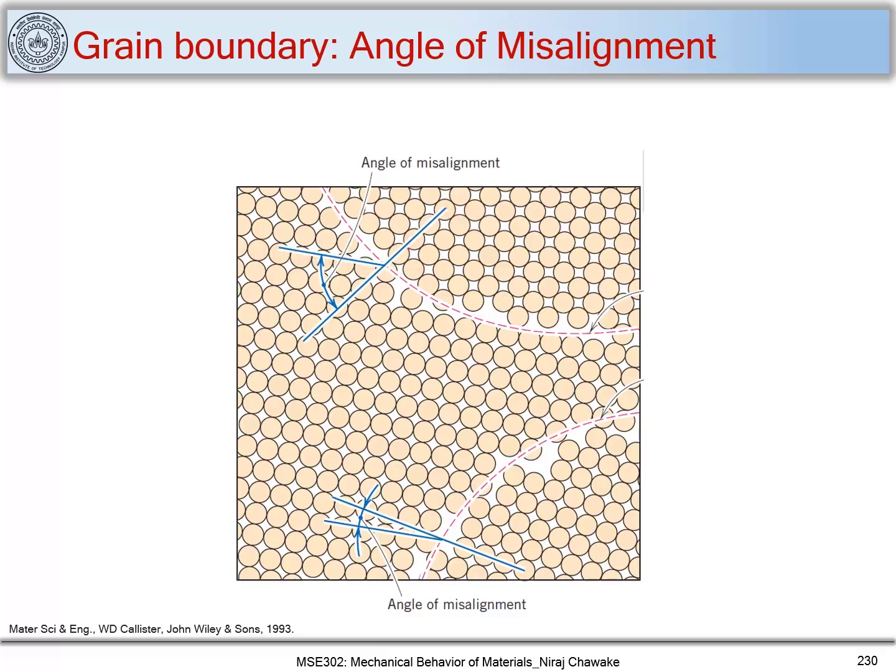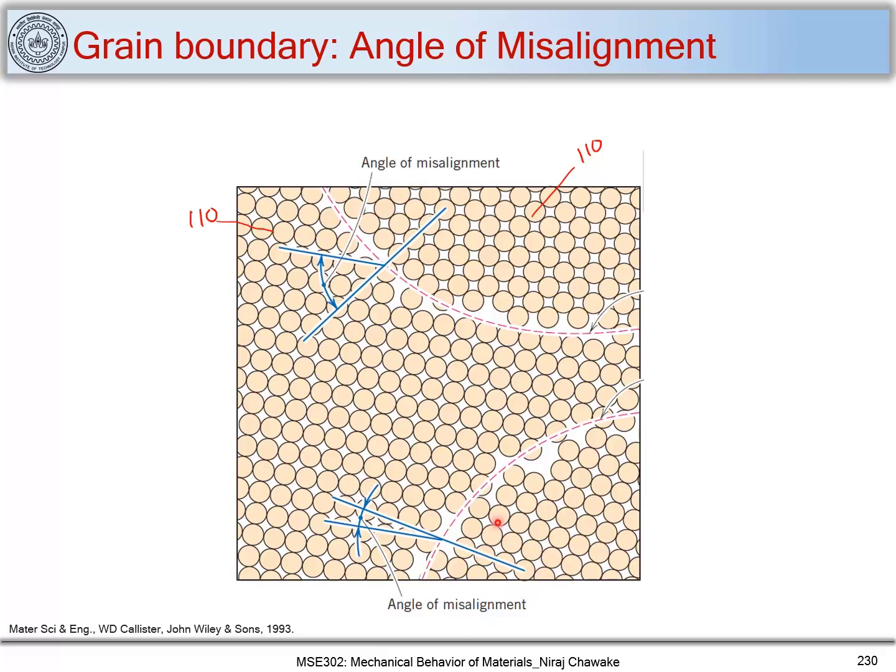Let's assume that these planes are 110 planes, and so in this grain, what are the 110 planes? They will be in this way. Now I measure a misorientation between these two types of planes in these two grains, and that misorientation is called the angle of misalignment.